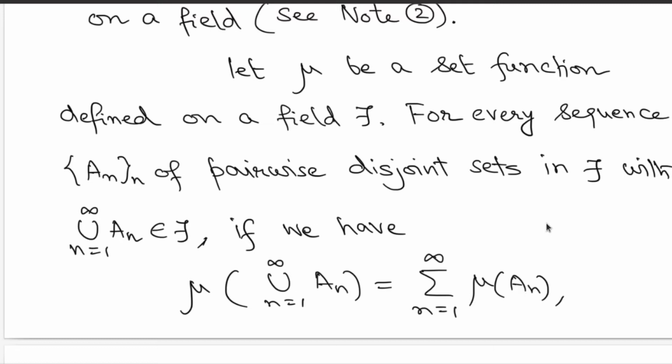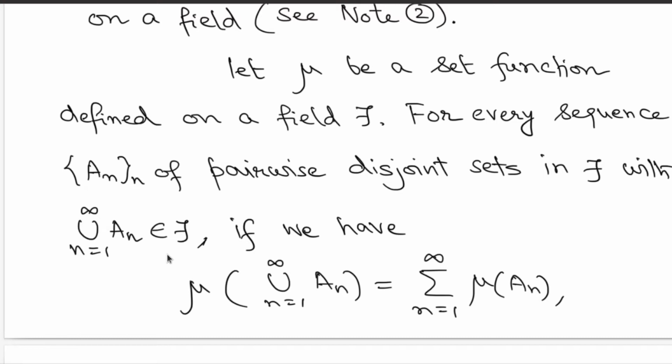But since we are working with a field, what we need to assume is that this sequence has the additional property that this countable union is also in the field. This is the restriction that we impose on the sequence rather than the field, because fields do not support countable unions.